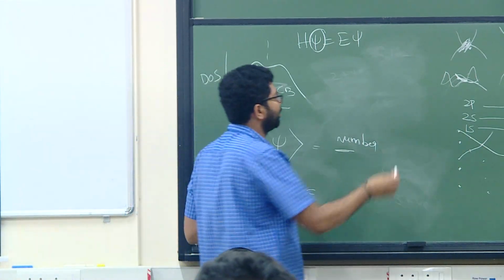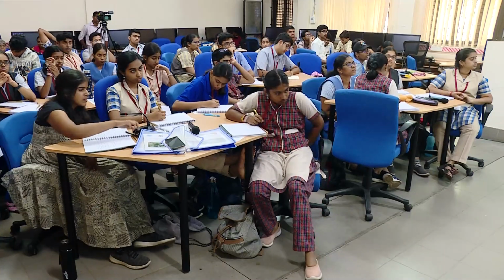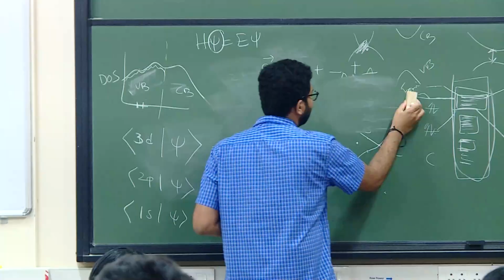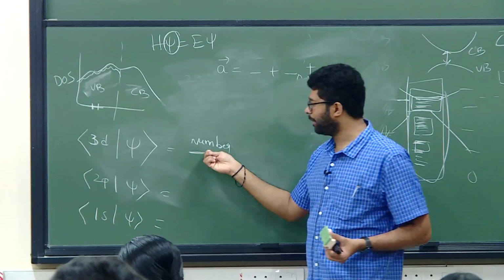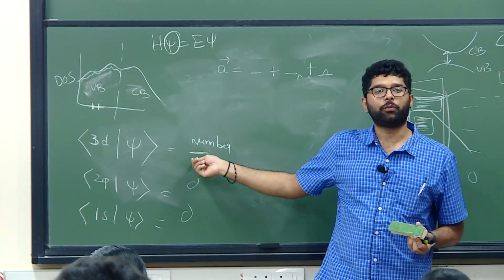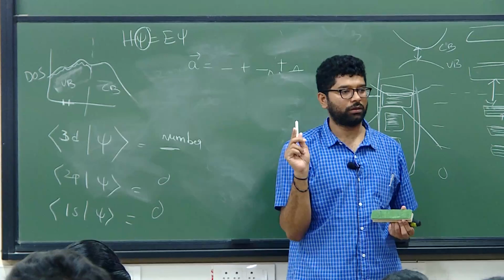So if you know there is a vector A which is along only the z direction, then what will happen? Along the other two directions, the components will be 0. So that means if this number is maximum and if these numbers are close to 0, what does that mean? The vector is actually orienting along that particular direction, right?